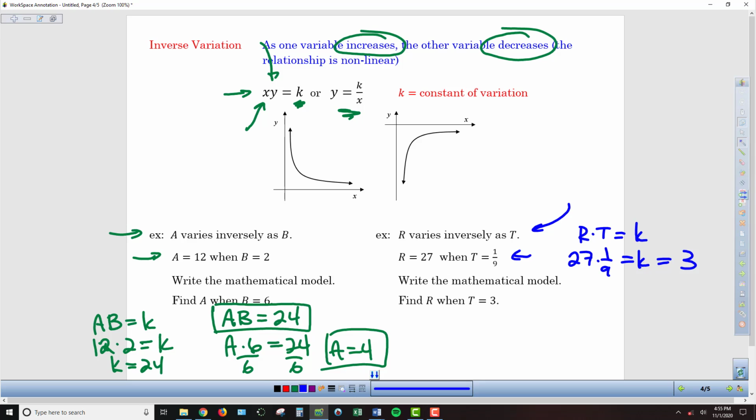So now my model equation, RT equals 3, is what I'm going to use for the last part of the question. So we want to know what is R when T equals 3. So obviously R has to equal 1.